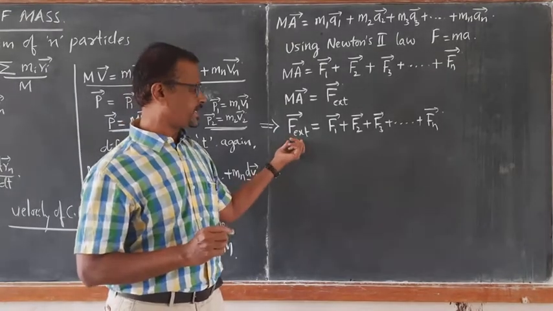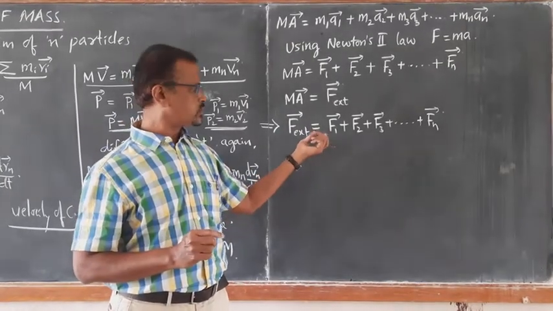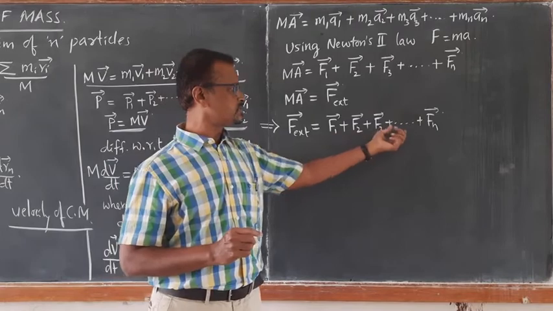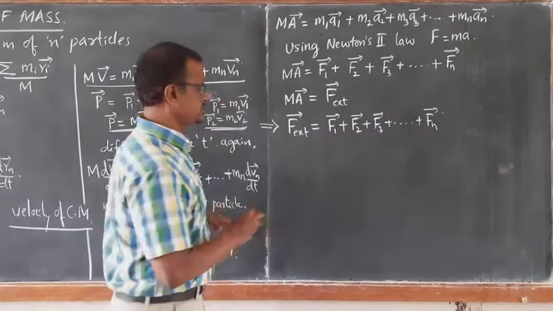So total force acting on the center of mass is equal to vector sum of all the forces acting on all the particles.